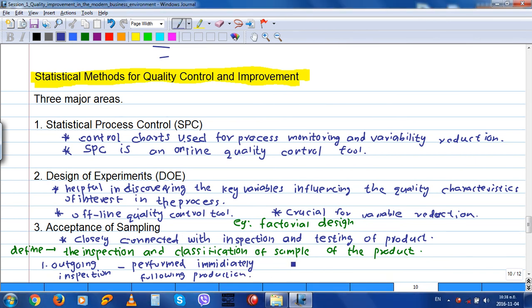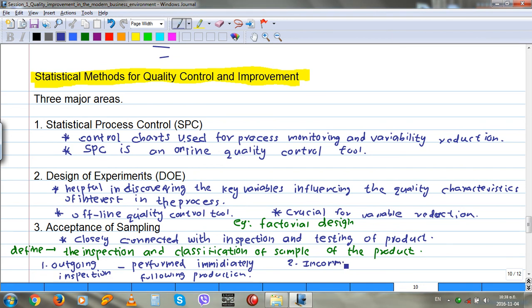The second method of inspection is incoming inspection. It means before using the product we do the inspection.